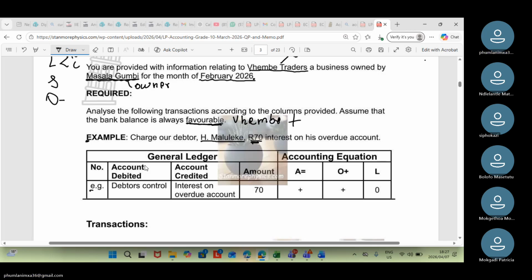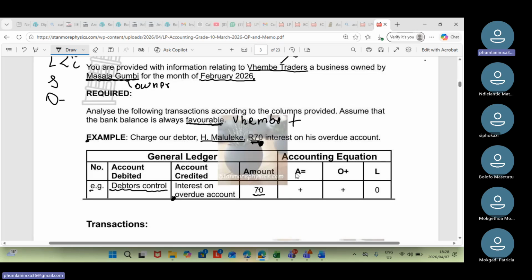On the general ledger, the account to be debited will be debtors control. Debtors control is increasing because we are increasing the account of Maluleke by charging him 70 rands. The account to be credited is interest on overdue account. We're charging interest, we're receiving interest. This is interest income. Just like any other income such as sales and rent income, it is always credited. The amount is 70 rands.